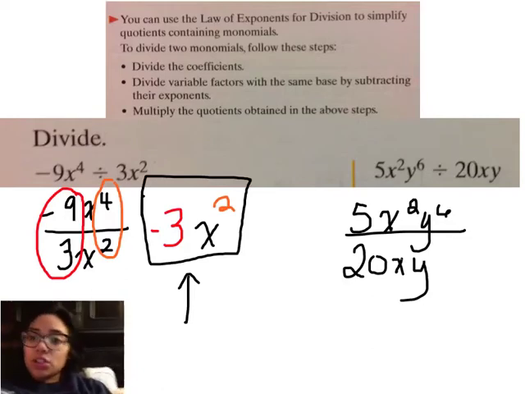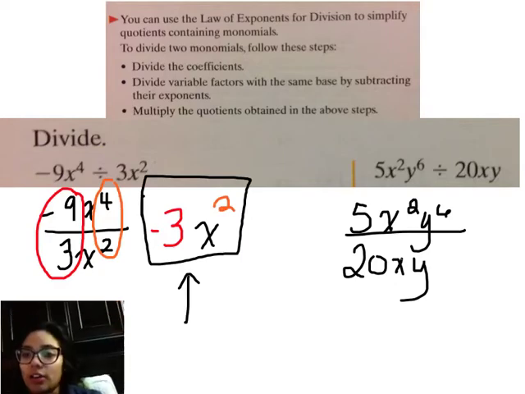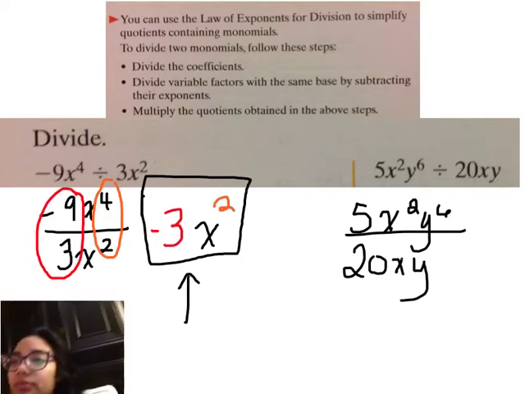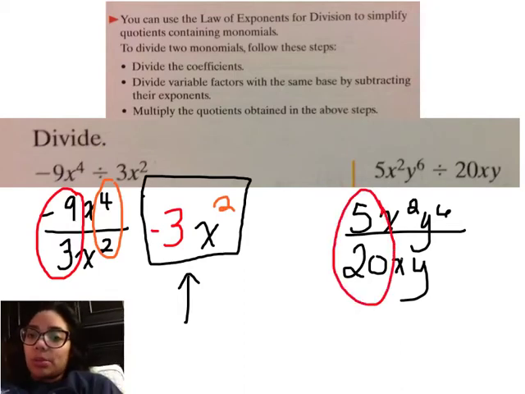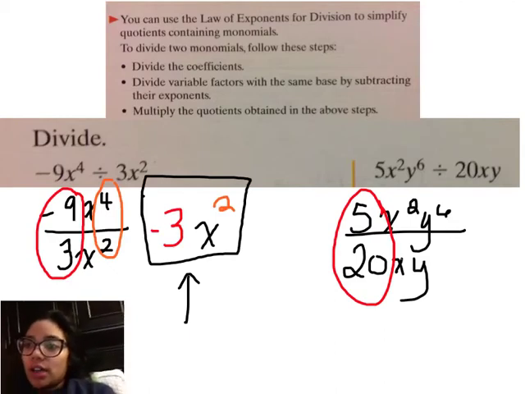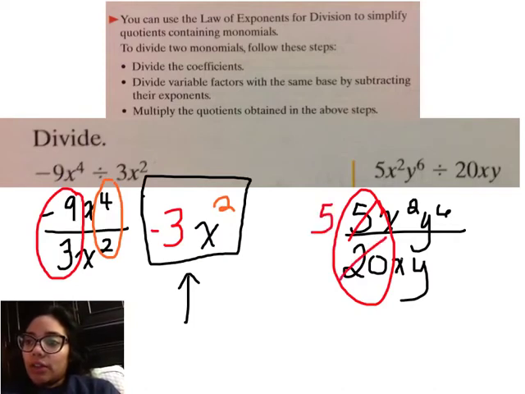What you can really do is just simplify your fraction, because 5 divided by 20 is going to give you a fraction. 5 can be divided by 5, and 20 can be divided by 5. 5 divided by 5 is 1, and 20 divided by 5 is 4. So I'm left with 1/4.